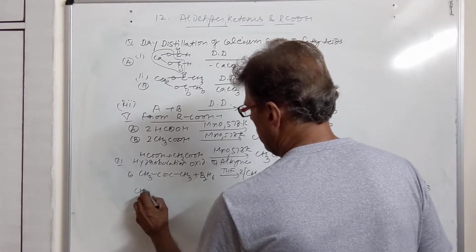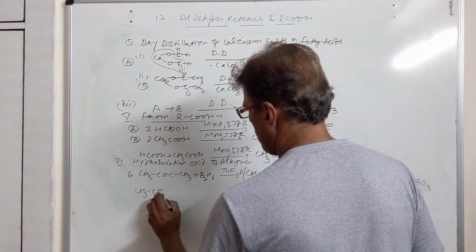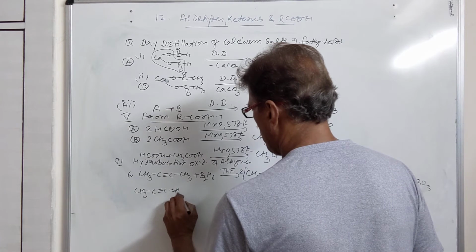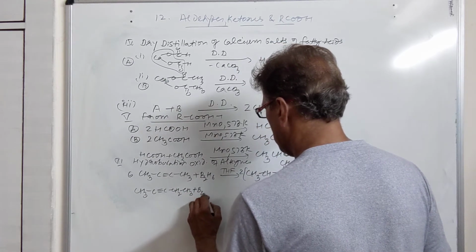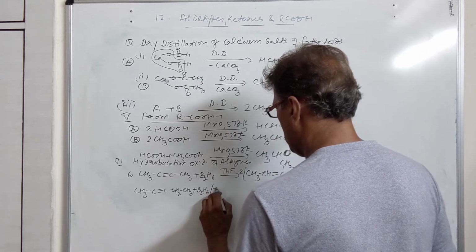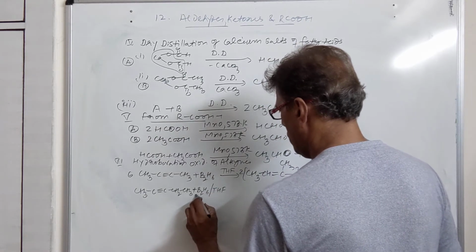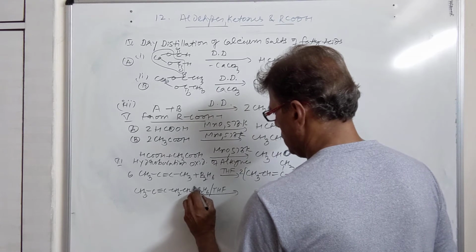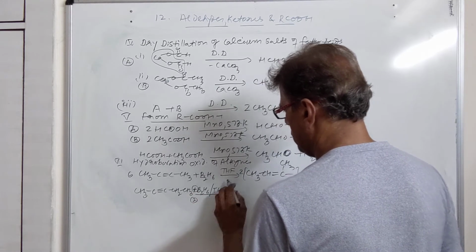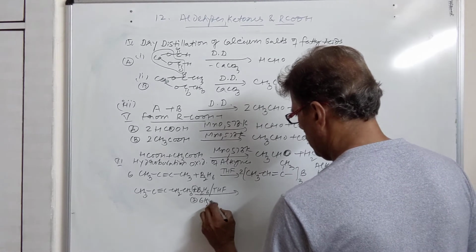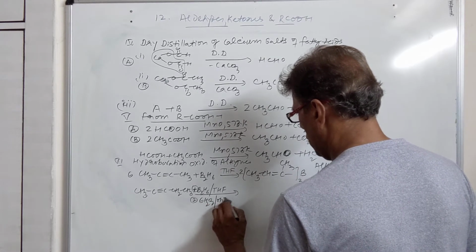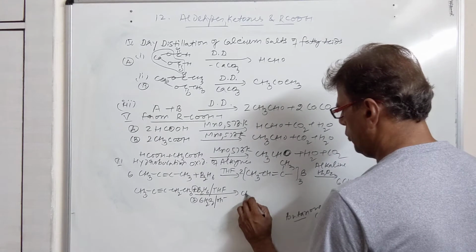Similarly, if we are having 2-pentyne treated with B2H6, first of all, in the presence of THF, this is the first reagent. The second reagent is 6 molecules of H2O2 in alkaline medium. Then it will produce 2 products.